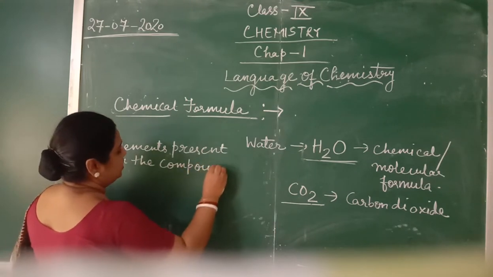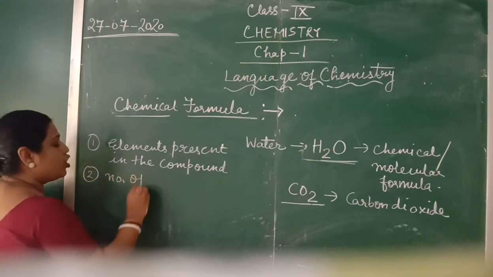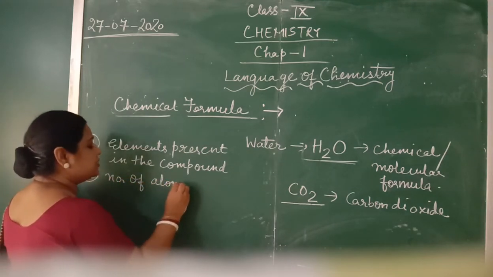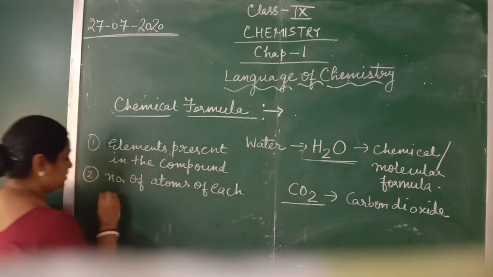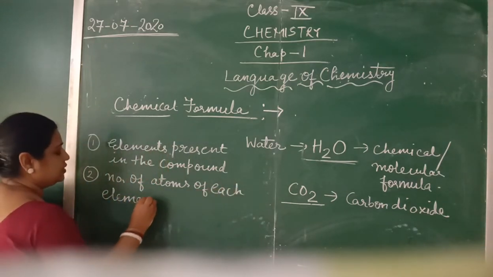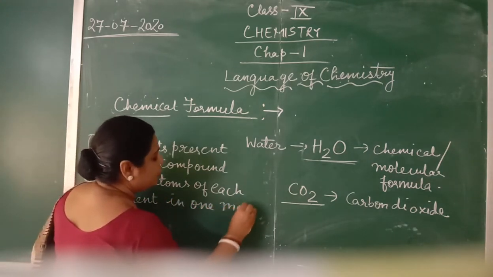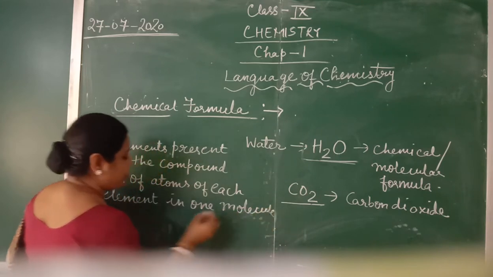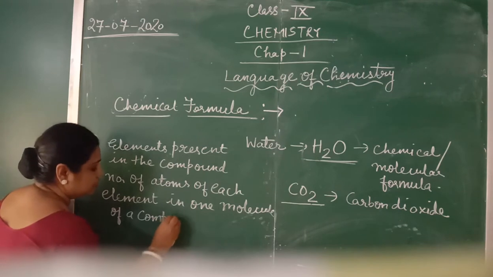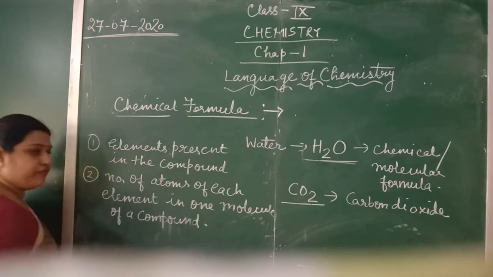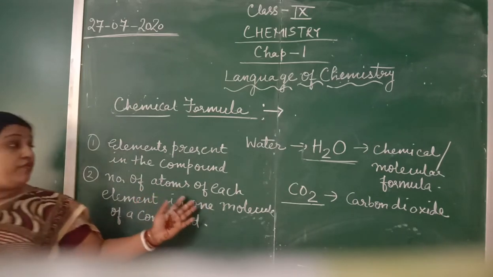Second, the number of atoms of each element in 1 molecule of a compound. These are the 2 basic pieces of information we get from the molecular formula.